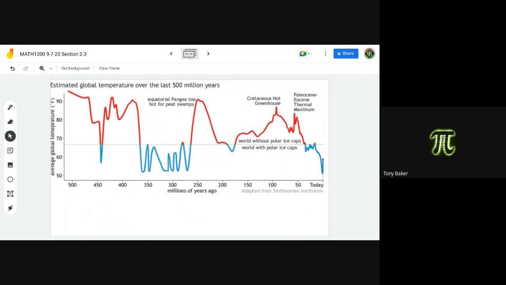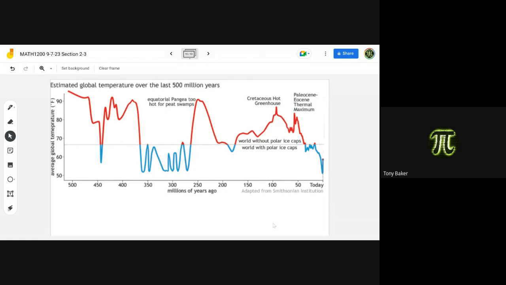Yeah, geological records, tree records, ice cores. We have ways to figure out about what the temperature was over time. So if we look at this graph, there's your temperature from 50 to 90. And there we are today.